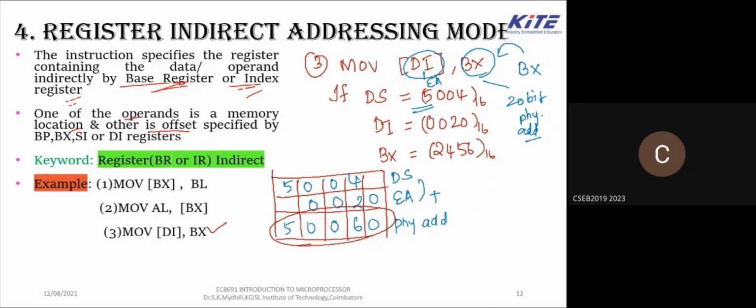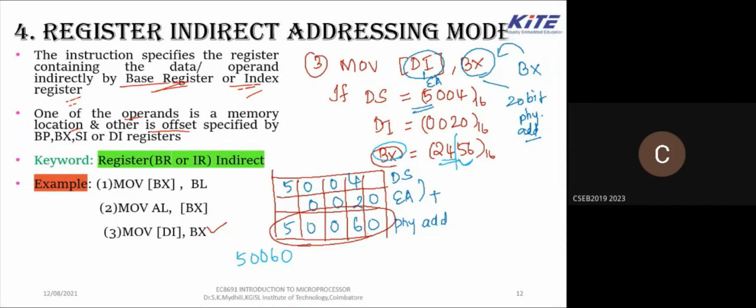You should understand the content specified in BX. What is the content specified in BX? 2456 will be moved. This is the location generated as a physical address, where it will be stored as 8-bit data only.